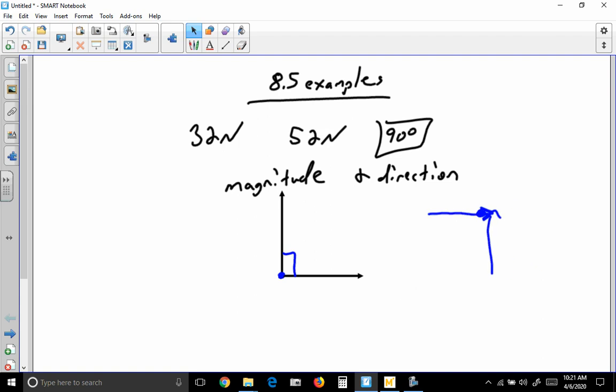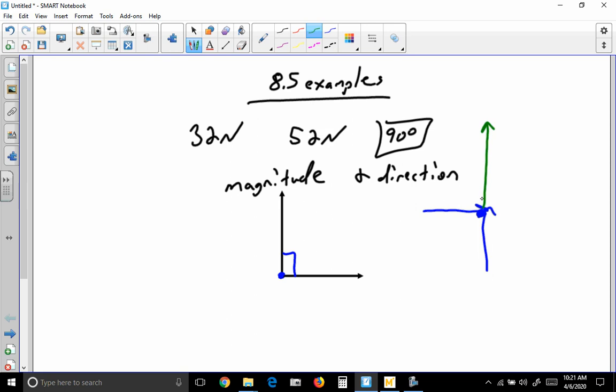Notice, if we took this one and slid it up, and took that other one and slid it over, this vector and that vector are equivalent because they're the same length and in the same direction. Likewise with this one and that one, and those are perpendicular.